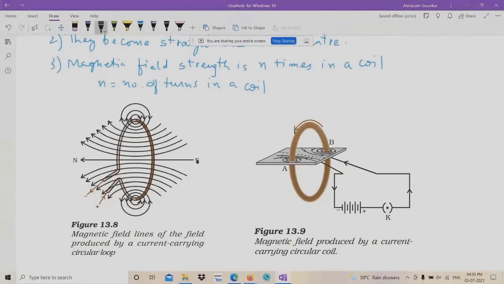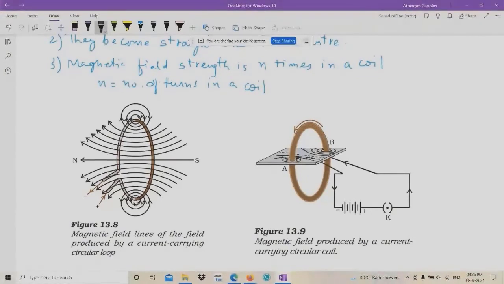What is observed here is that at every point near the conductor, concentric circles of magnetic field emerge, just like those of the straight conductor. These concentric circles become bigger and bigger as we move away from the point.